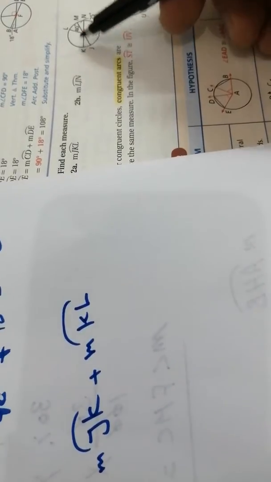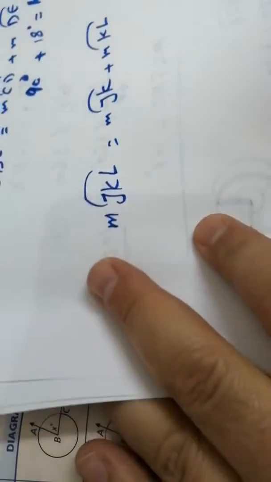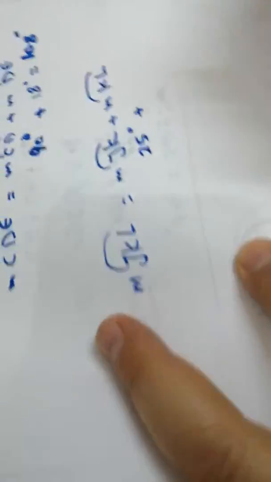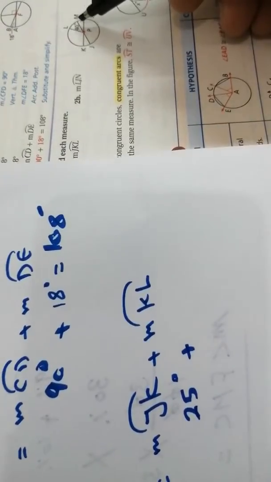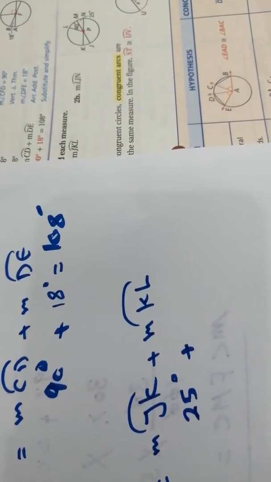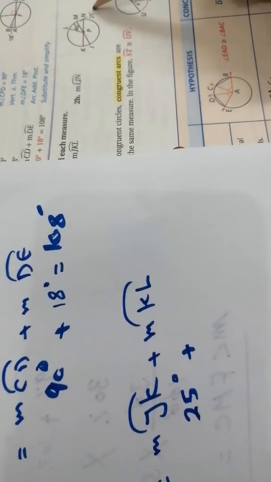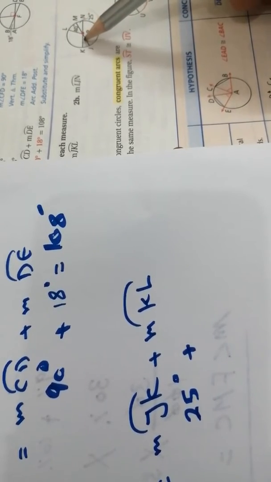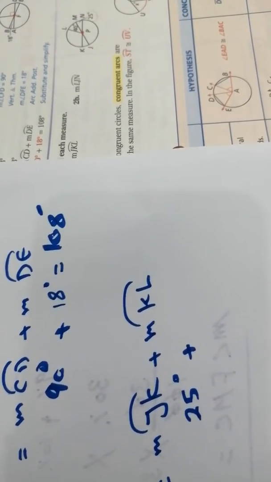Where is JK? JK equal 25 by vertical opposite angle. Why 25? Because this is 25 and this is also 25, vertical opposite angle. Look, this angle 25, so JK equal 25 also.